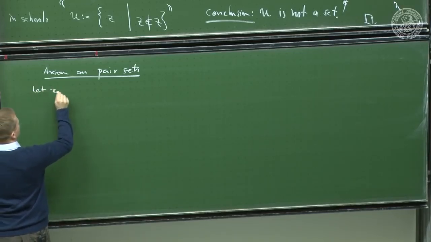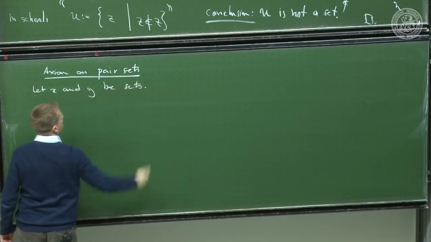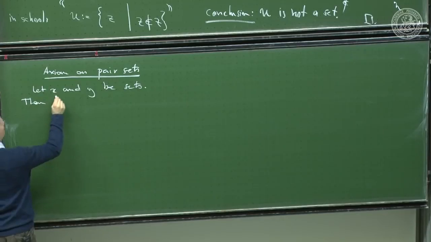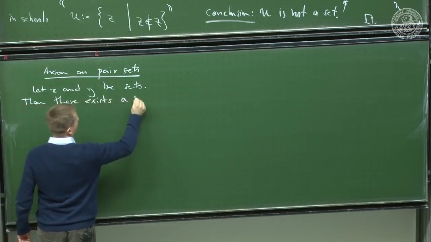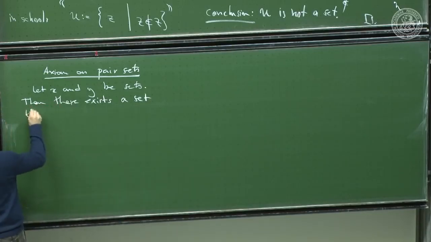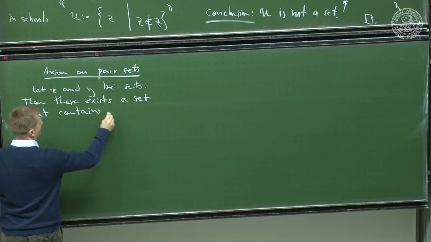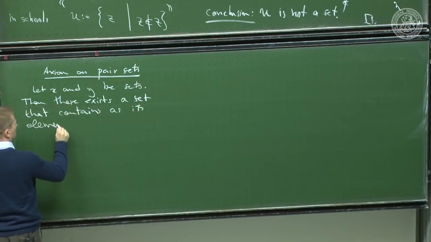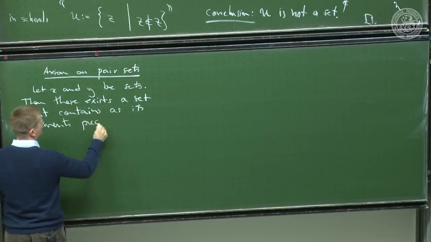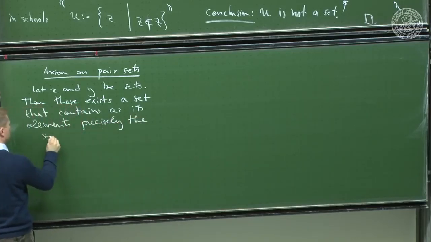Let x and y be sets, then there exists a set that contains as its elements precisely the sets x and y.